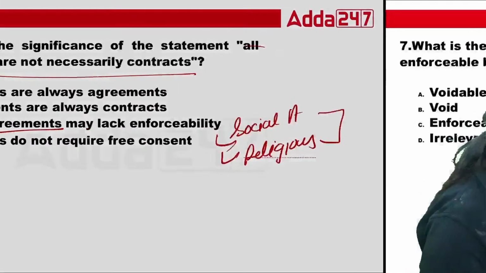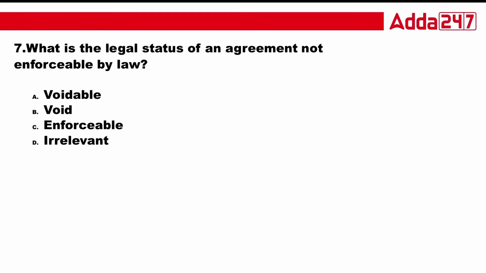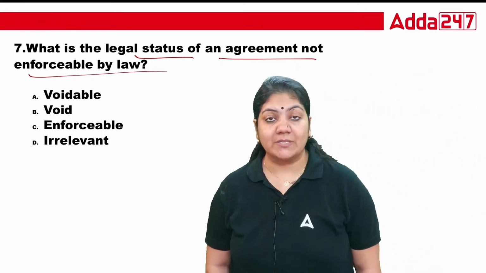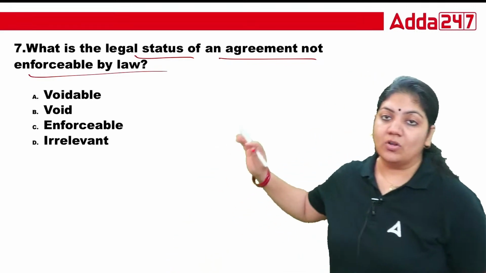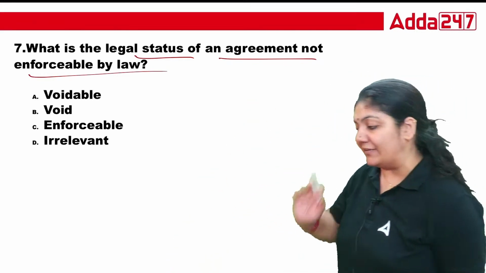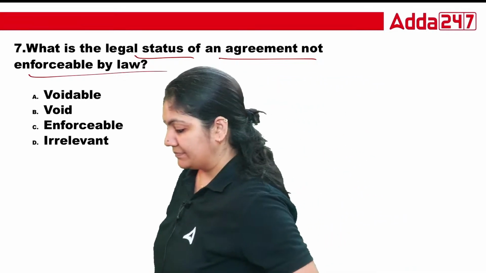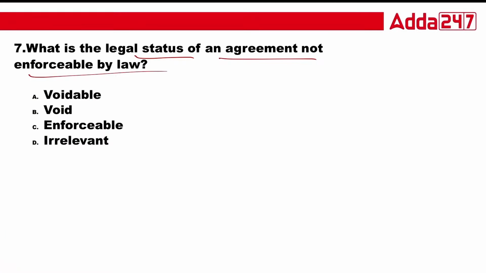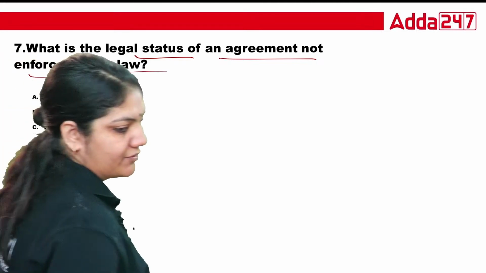Okay, next. What is the legal status of an agreement not enforceable by law? The agreement which is not enforceable by law, it is called what? It is called voidable, void, enforceable, or irrelevant, class. Tell me. What is the right answer for this question?